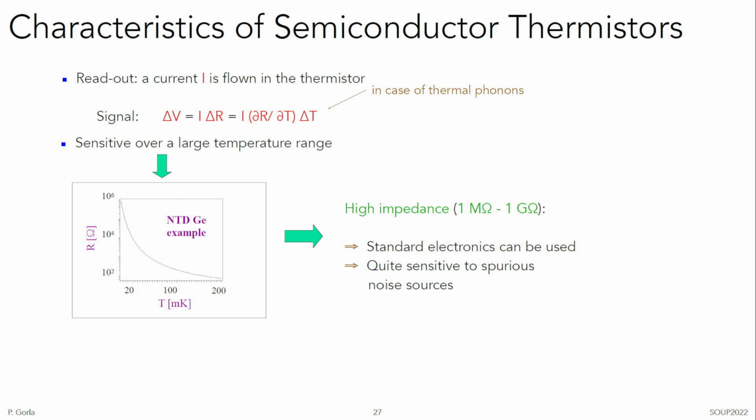You have typically very high impedance. The resistance of this device is in the megaohm to gigaohm scale, so you can use standard type of electronics. You don't need any special readout device, and of course you have to deal with some kind of noise sources.